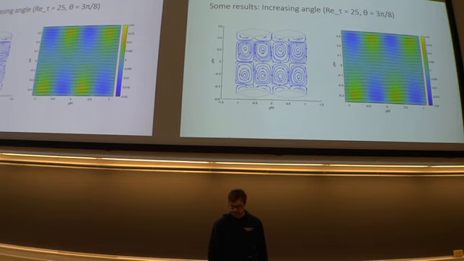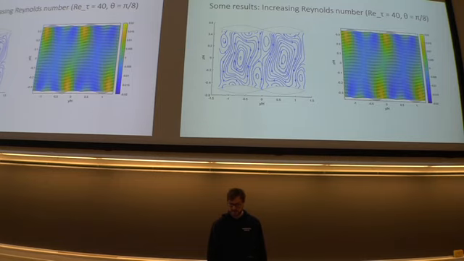And finally, some results from increasing the Reynolds number too much. Then you can see that the vortex formation, or the vorticity cells, actually becomes unstable. It's important to note here that this is a steady-state laminar solution. So this is not a still image from the flow.